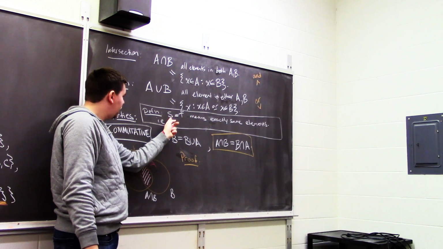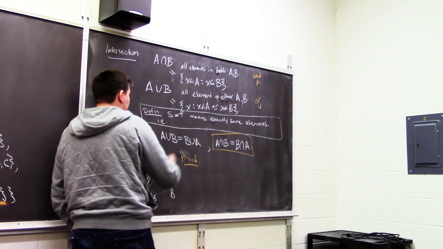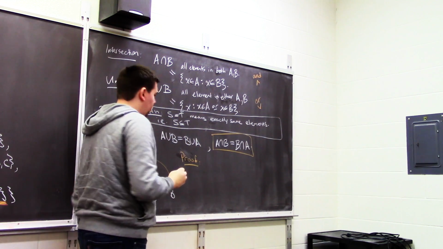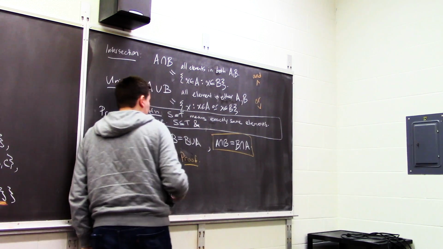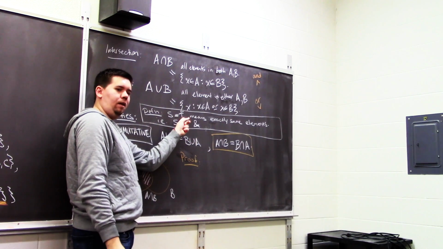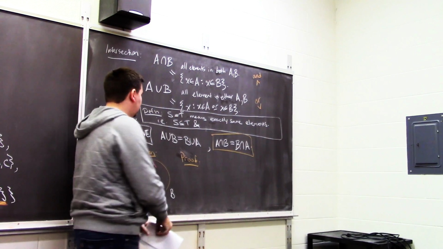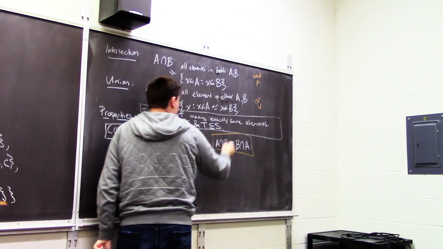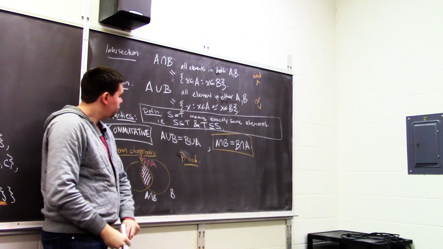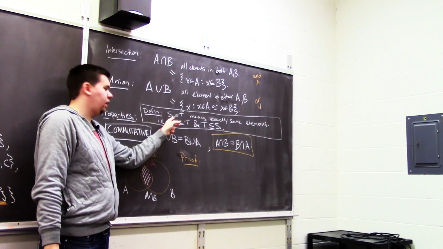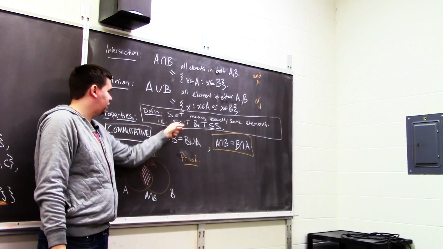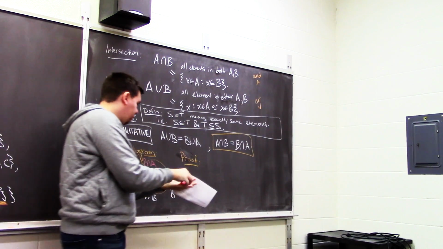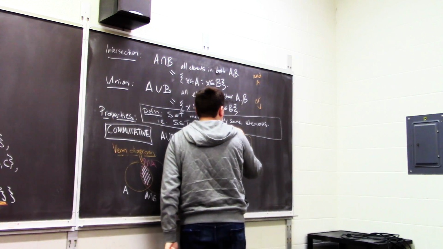If you're an element of S, then you're an element of T. That's saying S is a subset of T. And if you're an element of T, then you're an element of S. That is saying that T is a subset of S. So to show that two sets are equal, you show that each one is a subset of the other. And you have to show it both directions. So very important. In order to do this proof, you have to show both directions.